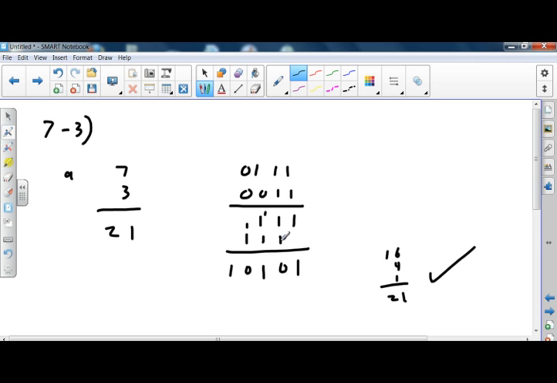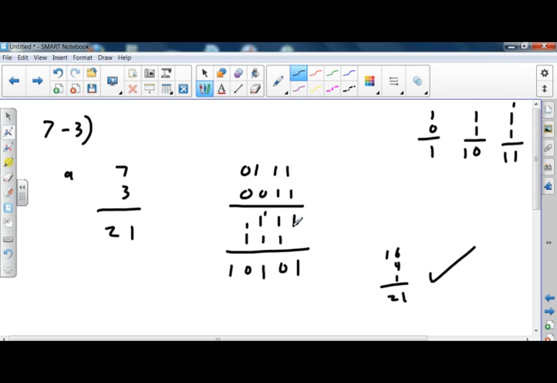Why is 1, 1, 0, and then 1, 1, 1? Well, 1 and 1 is not 0. 1 and 1 is 0, carry the 1. And now I have 1, 1, 1, which is going to be 1, carry the 1. So 1 and 0 is 1. 1 and 1 is 0, carry the 1. 1, 1 with a 1 that's a carry is a 1, carry the 1.